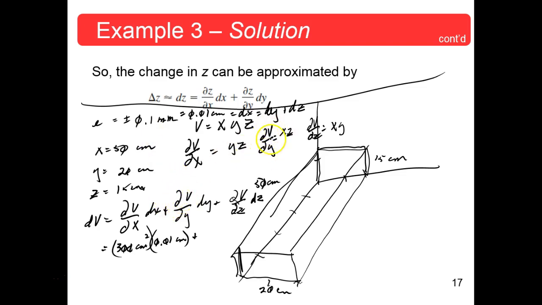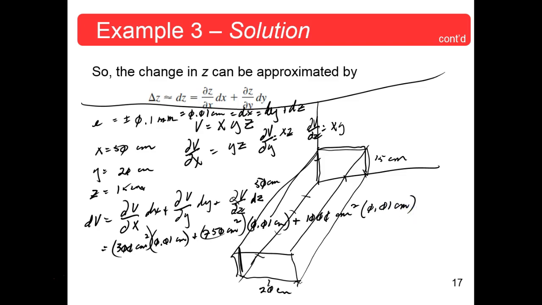Your partial with respect to y is xz, and that is 50 times 15, 750 square centimeters, times 0.01 centimeter, plus xy is 50 times 20, 1,000 square centimeters, times 0.01.